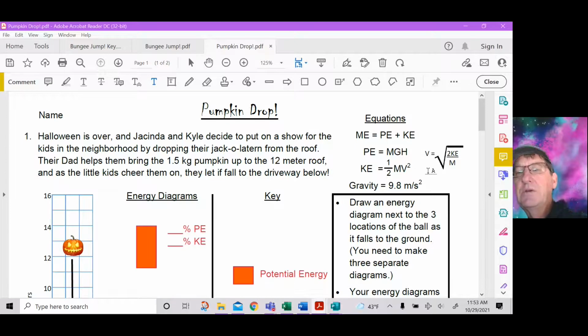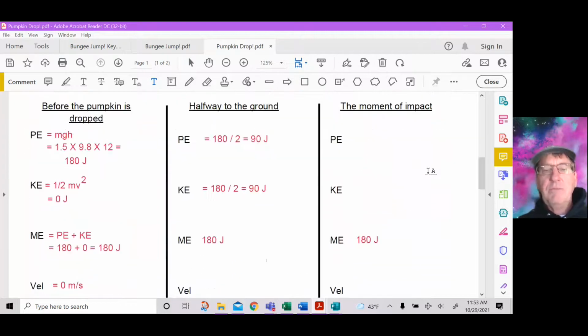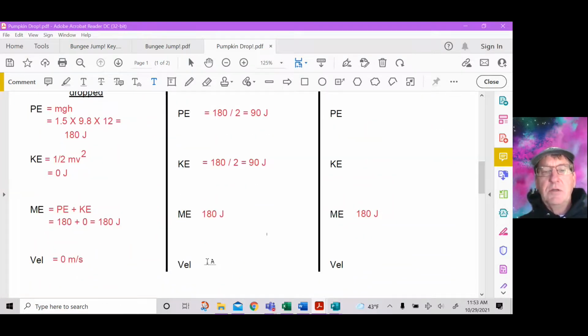All right, so let's see how we're going to do that. It was square root, which is a little trickier to do. Let's just say root, since we don't have a square root sign, the root of 2ke over m.